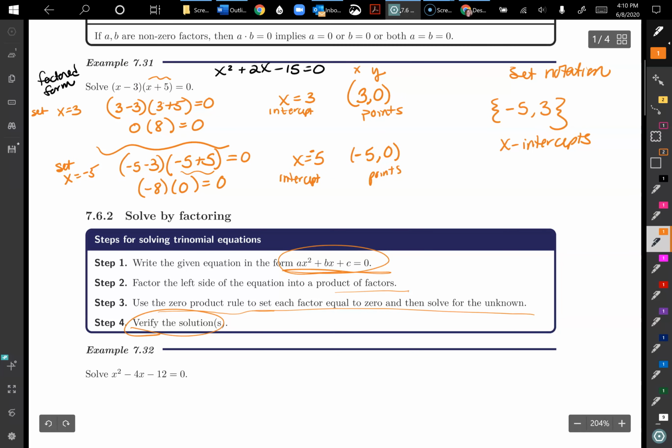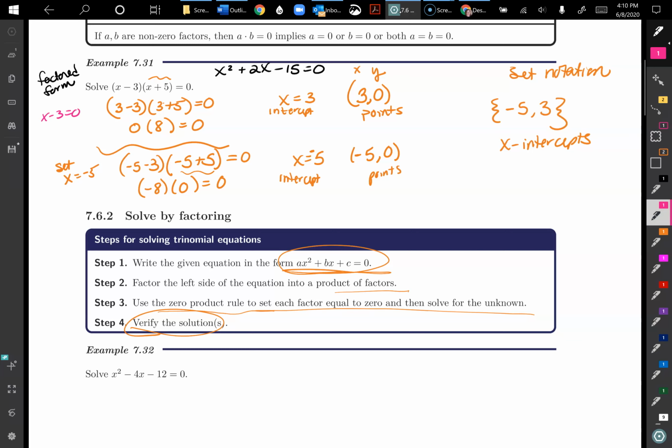So one thing here, I just eyeballed it. Right? When I was doing this, I just said, oh, if x is 3, that will make it be 0. So if I couldn't do that so easily, I would actually set the factor equal to 0. I would actually go x minus 3 equals 0.